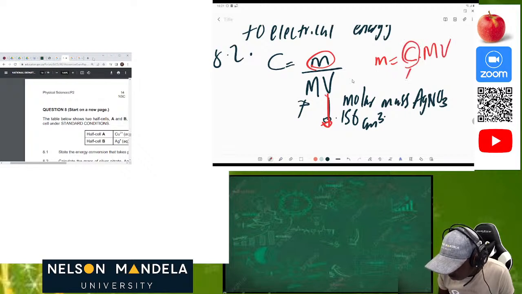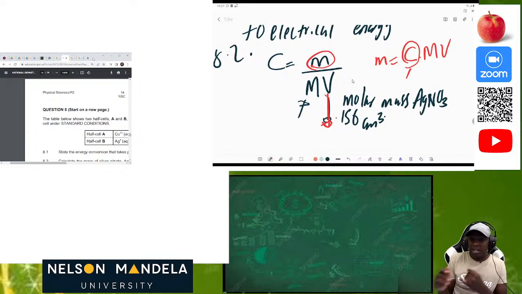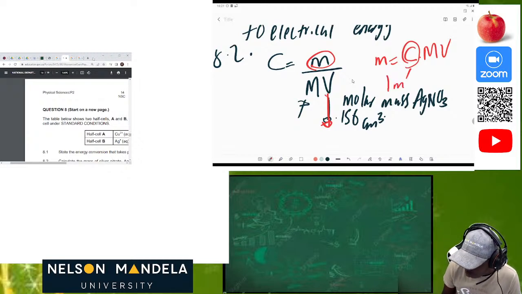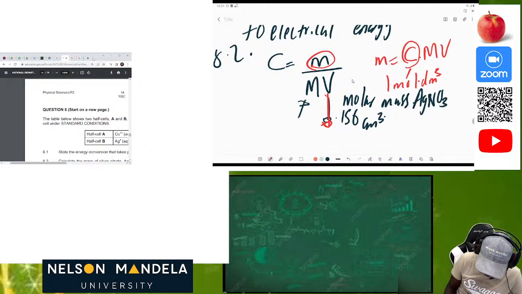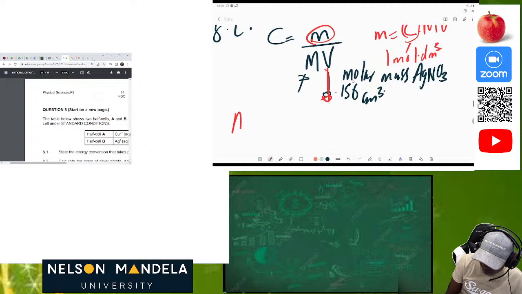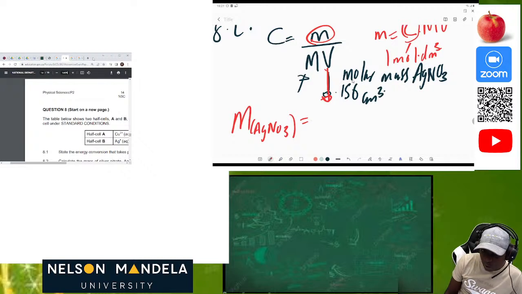What is c? c is the concentration, and we were told that the concentration of the electrolyte is 1 mol per dm³. Now what is the molar mass of AgNO3? That's the easiest thing which we are doing now. The molar mass of AgNO3 will be equal to the molar mass of Ag, which is silver. On your periodic table, you find the molar mass, and it's 108.